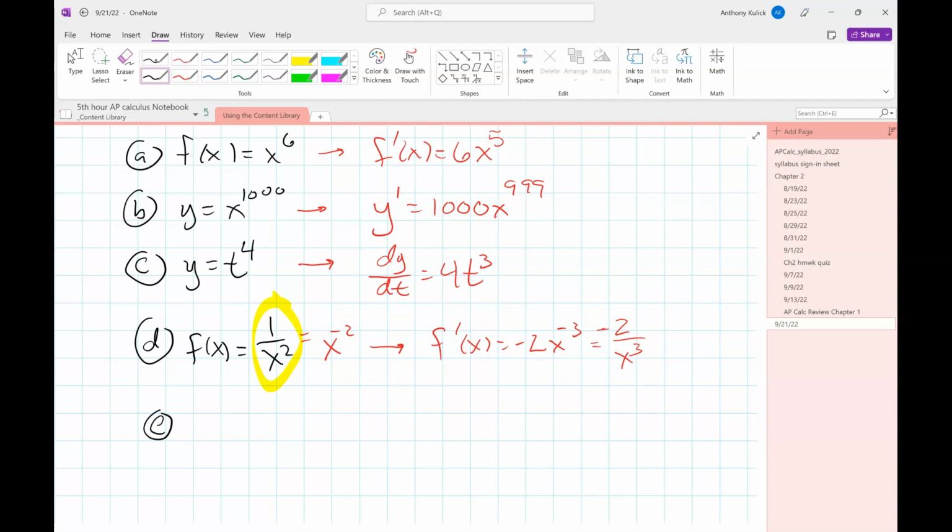We'll do one more of these examples and then we'll move on. How about y equals the cube root of x? Yeah, we can think about that as x to the 1/3.